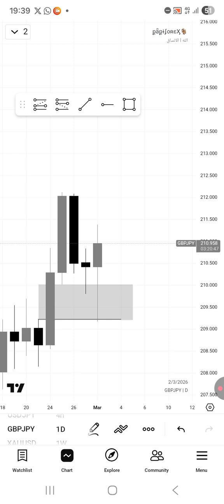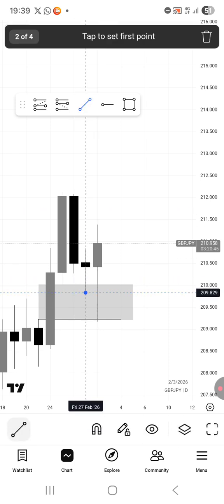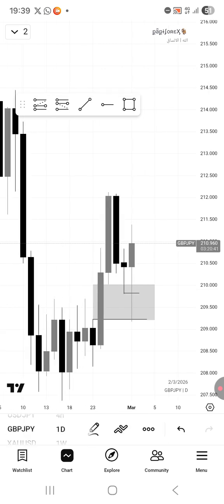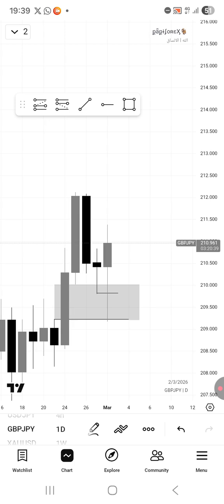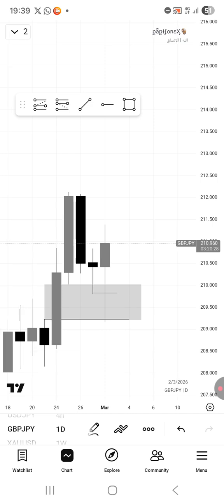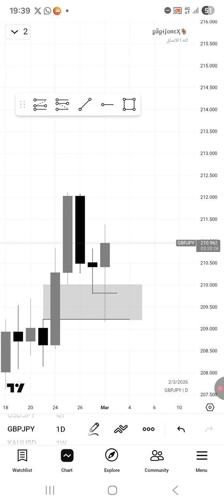Then what did price do? Price swept this low here. ICT traders call it turtle soup. There are different terms for it, but basically it's just a liquidity sweep. Price swept this area, and the way price is moving, it's showing that yes, buyers are in.